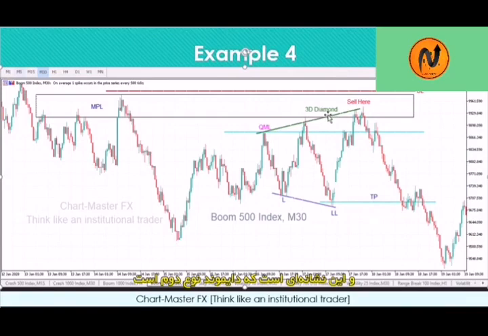And once it touches here, it's giving you an indication that we are going to come back to the MPL zone, and the price finally came to the MPL zone and it dropped. And the engulfment here, you can see that it was insignificant.